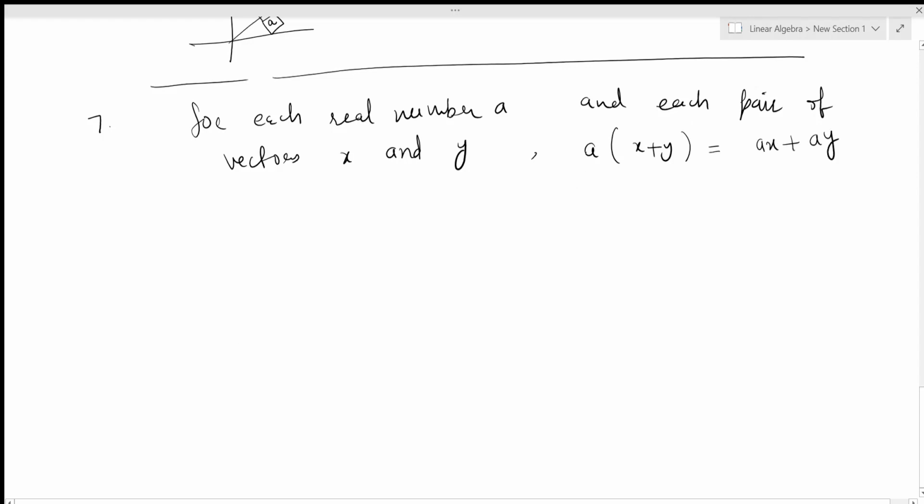So if we operate a scalar on the addition of two vectors, then it is given by this. So these two are the same.